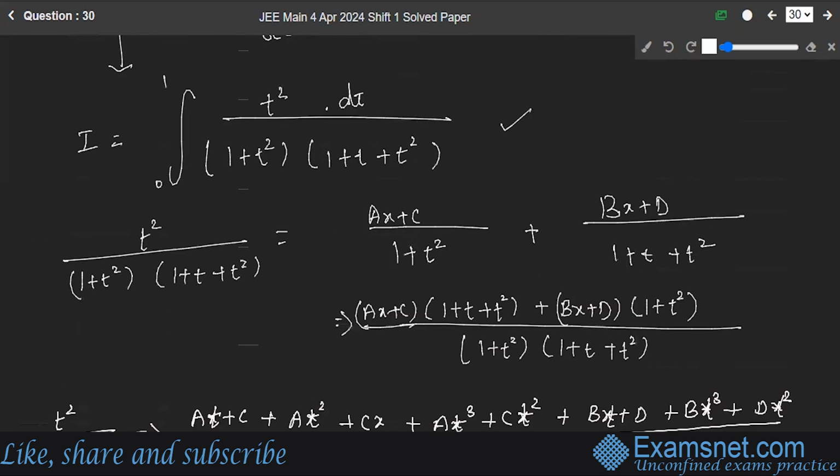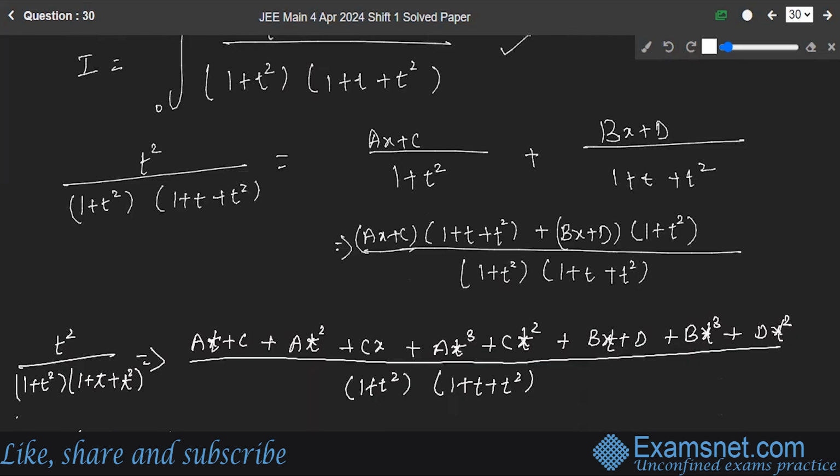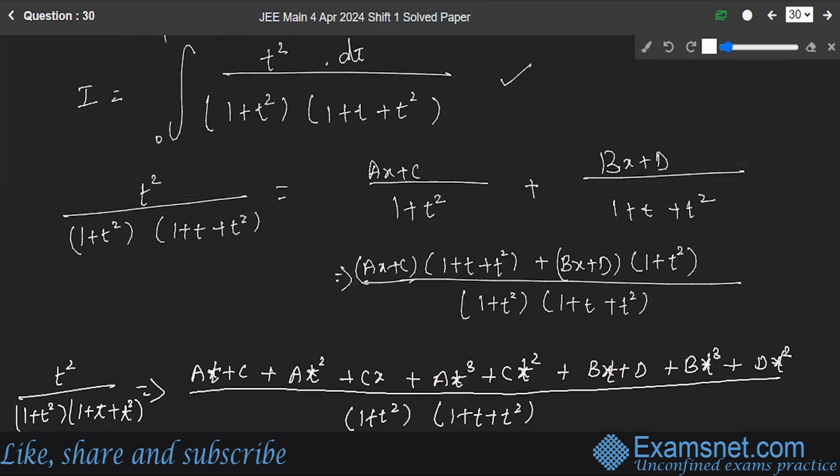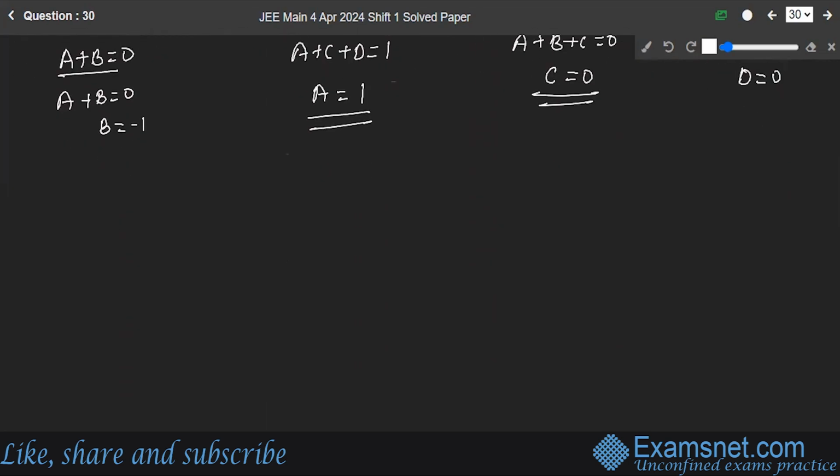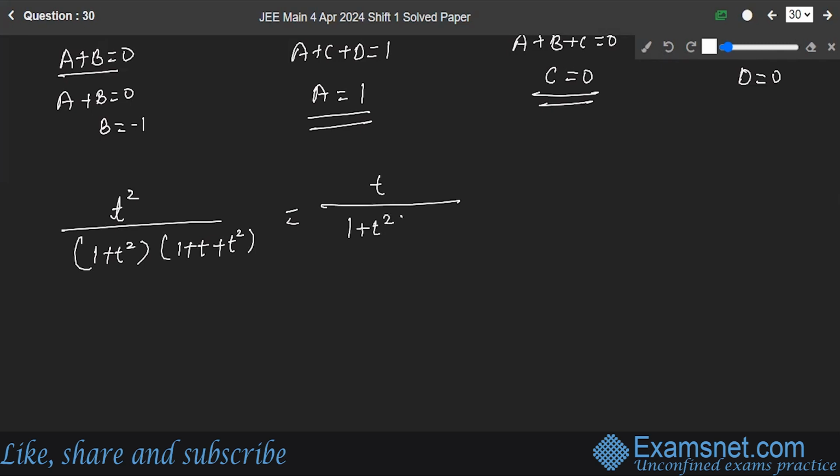So now integrating, fractioning by parts. Now t square upon 1 plus t square, 1 plus t square will be given by t upon this minus t upon this.